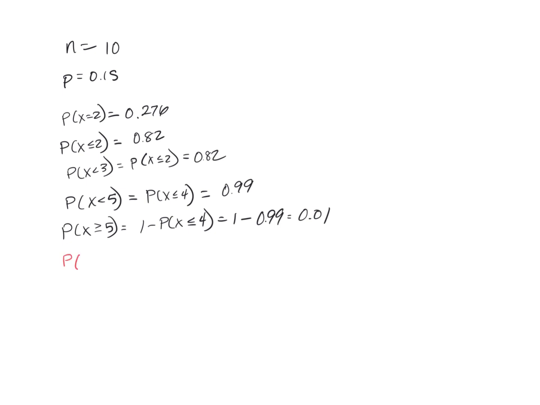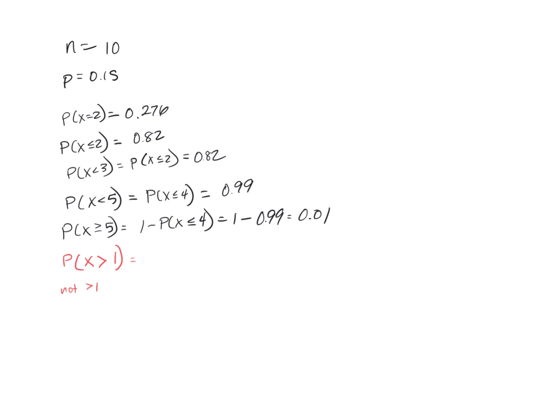What if I asked you, what is the probability x is bigger than 1? So anything with a greater than, we're going to have to say which ones are not greater than 1.